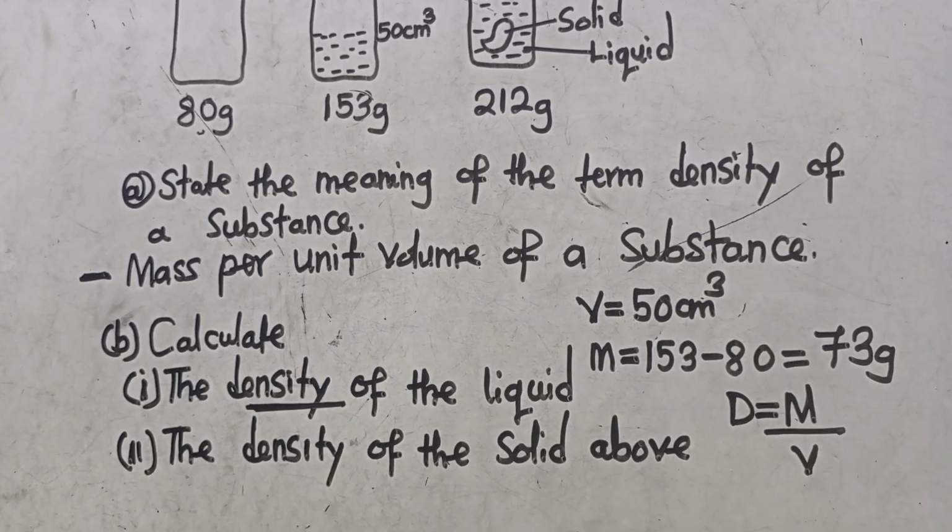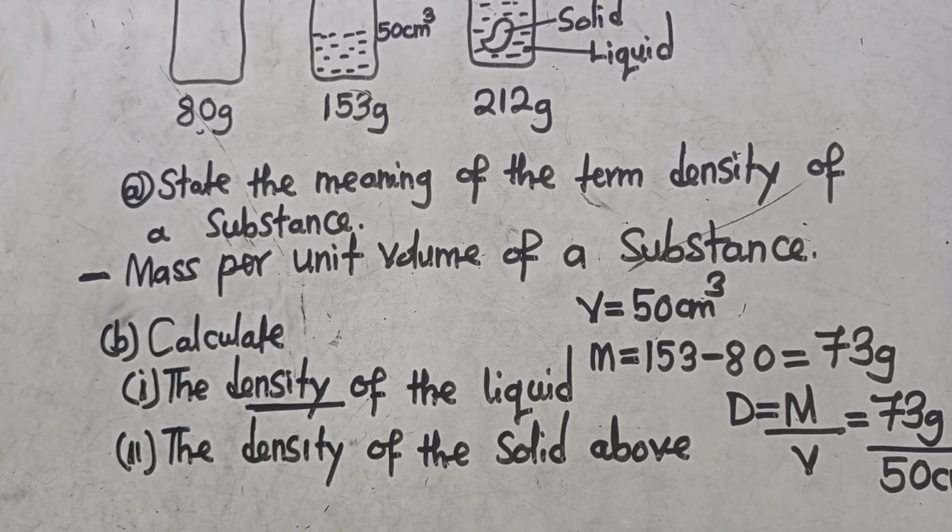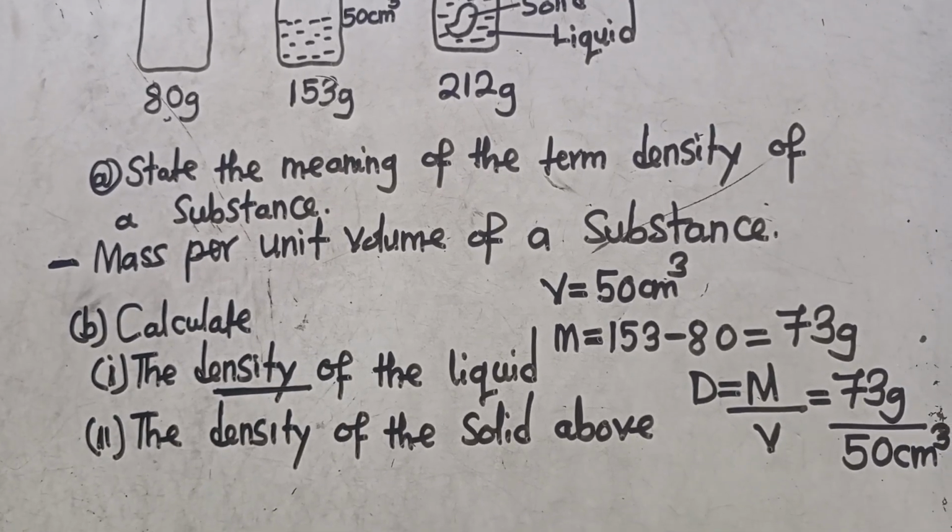No, density is measured in grams per cm³. So we make sure the mass is in grams, which is 73 grams, and the volume in cm³, which is 50. So density is equal to 73 over 50, the density of the liquid.